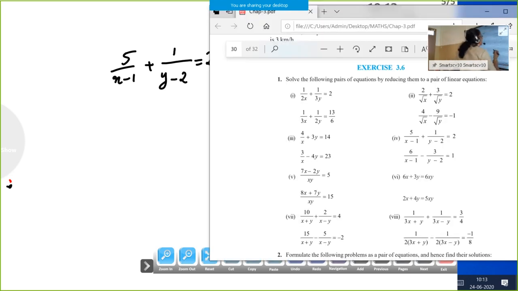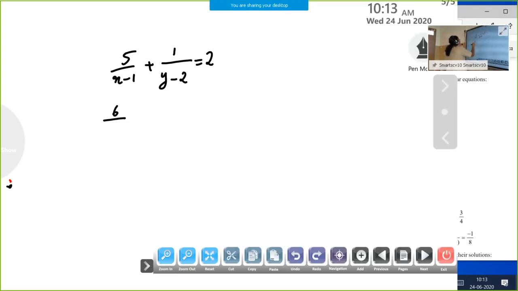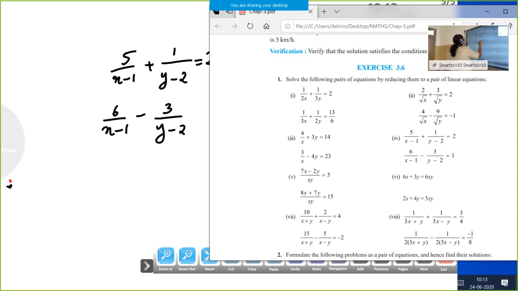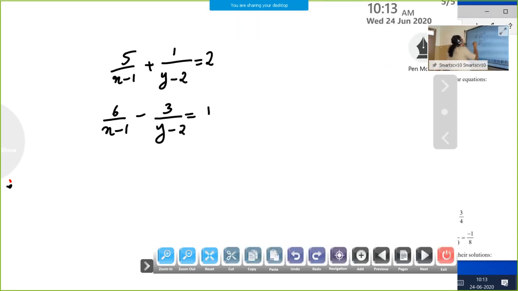Second equation: 6 divided by x minus 1 minus 3 divided by y minus 2 is equal to 1. This is our equation.